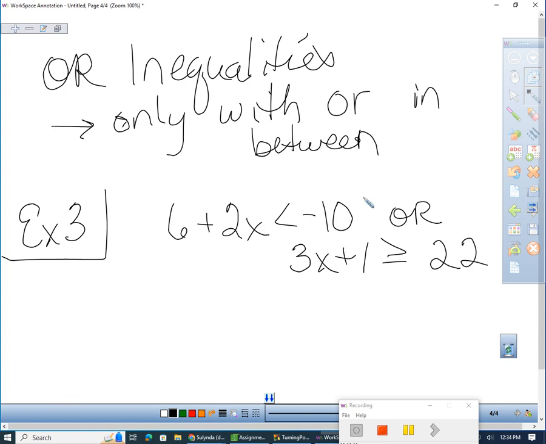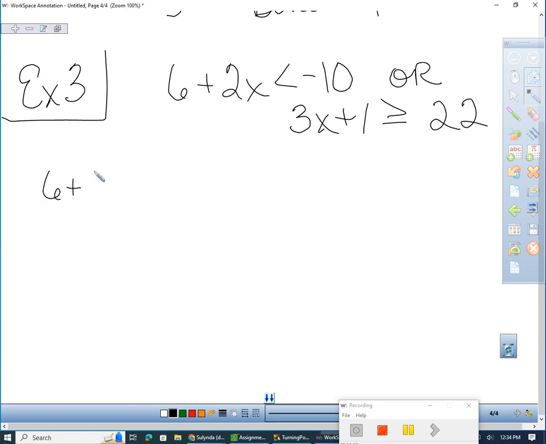All right. So it's an OR problem. So what can you tell me as soon as you see the word OR, what's going to happen on our graph? They're going to go in opposite directions. Very good.